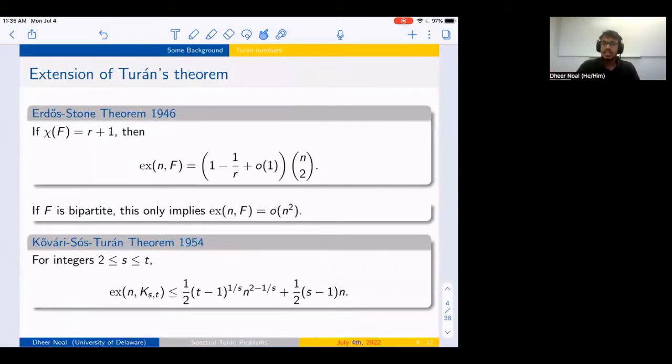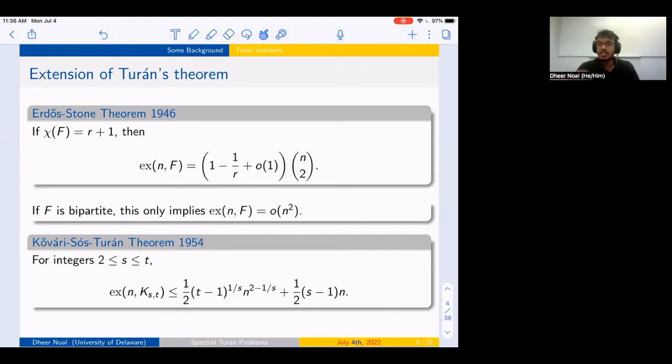And then this is generalized to any graph of chromatic number r plus 1 by the Erdős–Stone theorem. And it turns out that if r is at least 2, so if you're looking at forbidden graphs with chromatic number at least 3 or more, then we have the exact asymptotics of the Turán numbers. So this formula gives us the exact asymptotics.